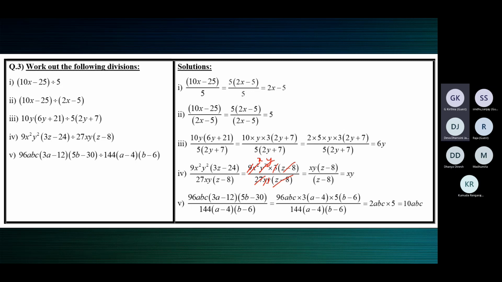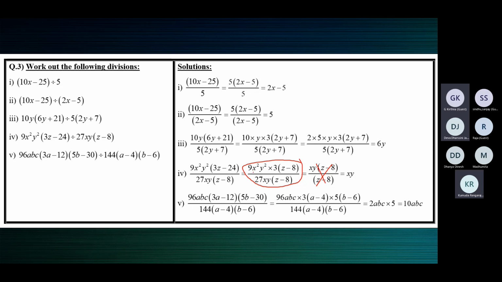Yes, ma'am. You don't have to show the step at all. You can do everything in the same step after writing this. After writing this one, you will not need this step at all.